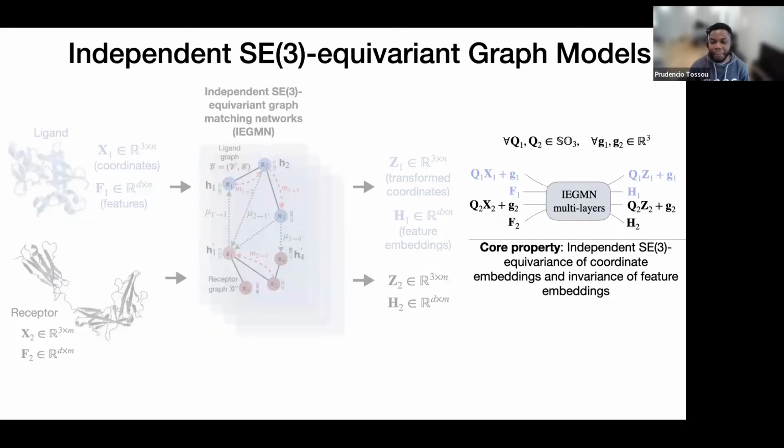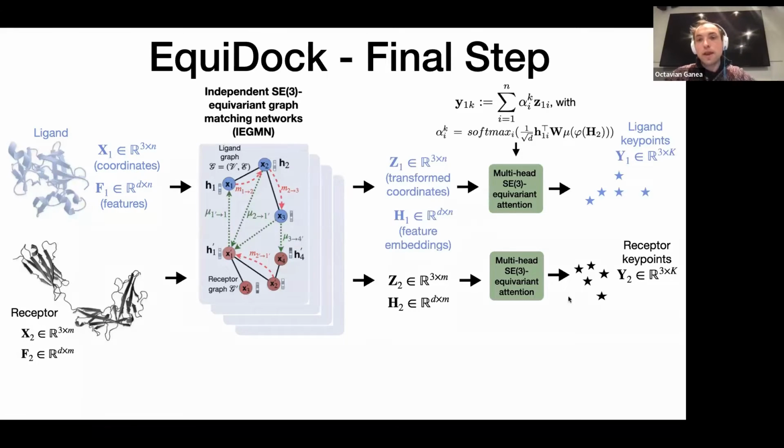Okay, awesome. So I already explained this core property of independent SST equivariance. Now the final step is to take these transformed coordinates and embeddings, which are transformed jointly for the two proteins, and do some sort of projection to project them into two sets of ligand and receptor key points.